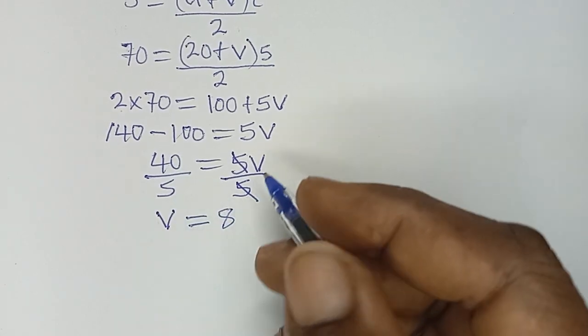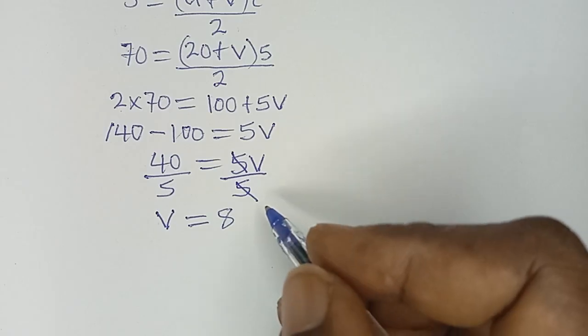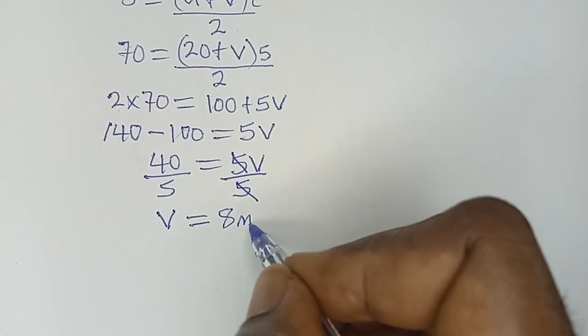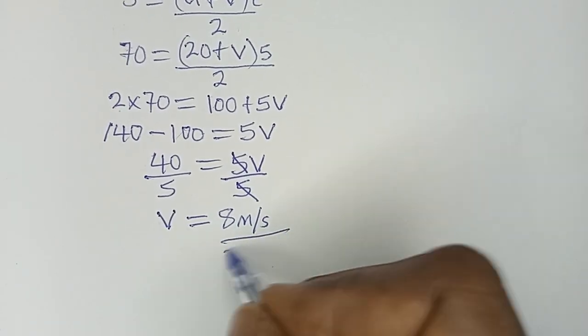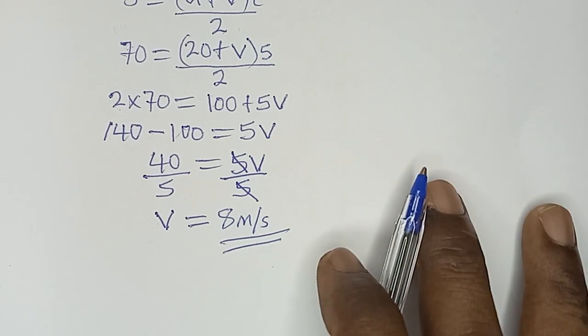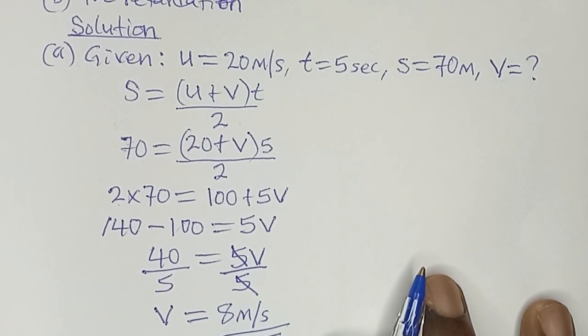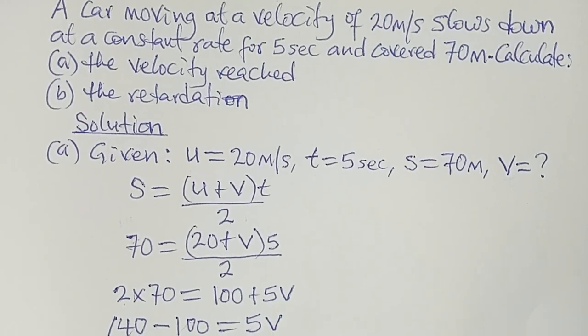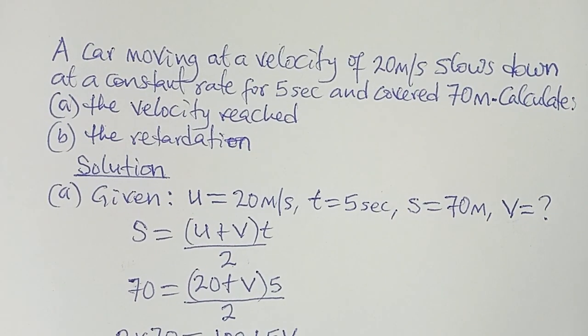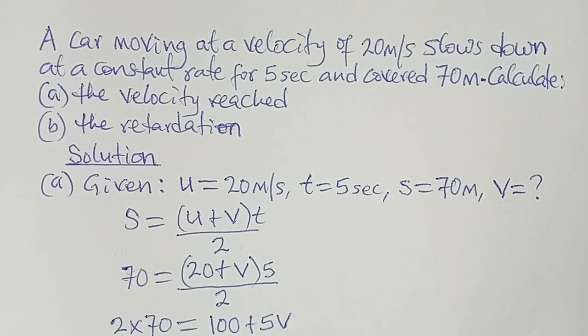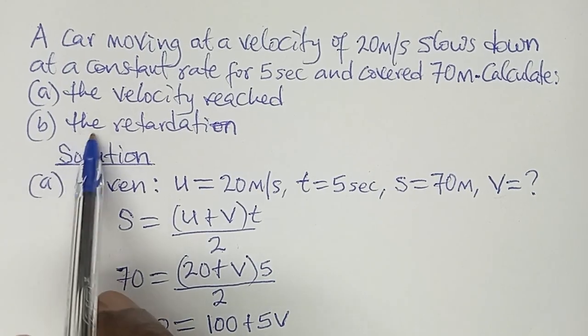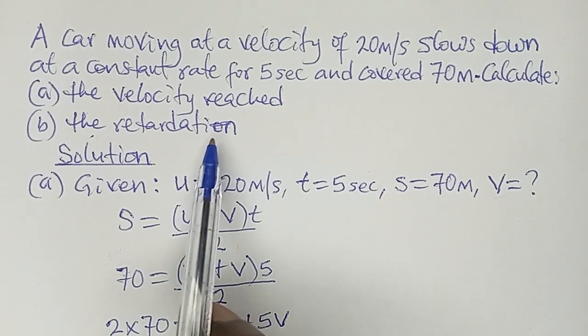So that means the final velocity reached by the car is 8 meters per second. And that is the answer to question A. So now let's look at question B. Question B says that we should find the retardation.